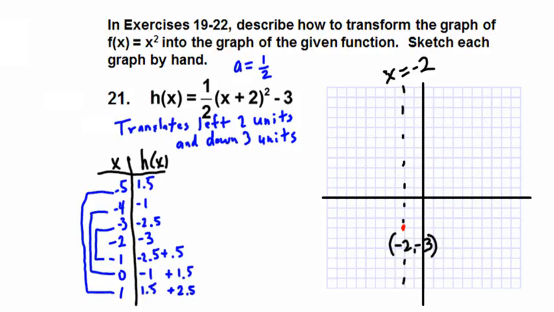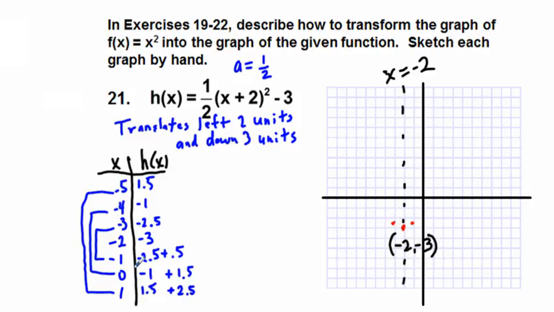So now we're ready to continue our sketch. We have (-2, -3). Next one we have is, if we go up, (-1, -2.5). So here's (-1, -2.5). And on the other side, we have (-3, -2.5).